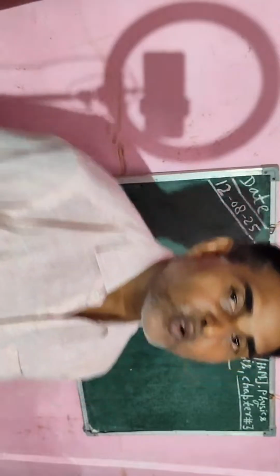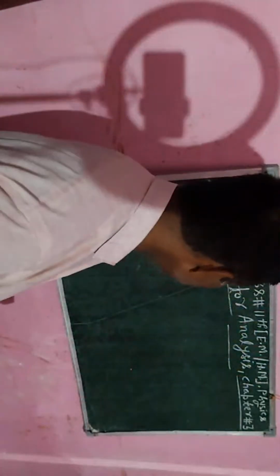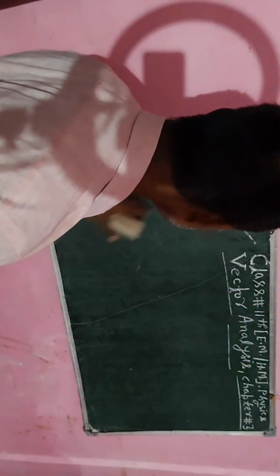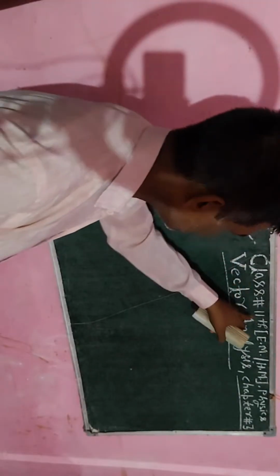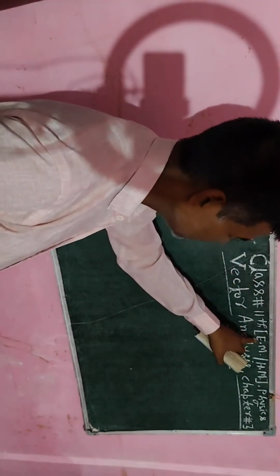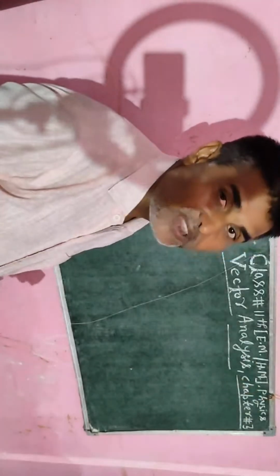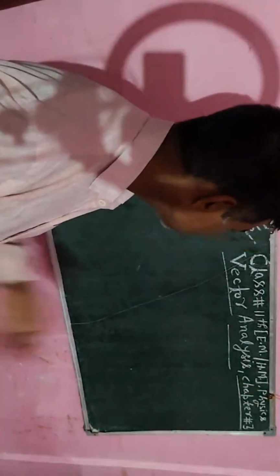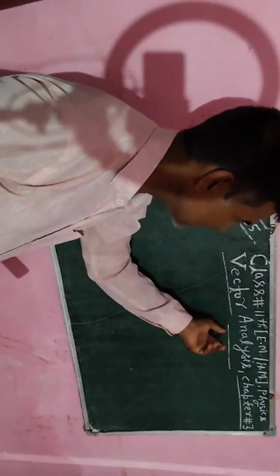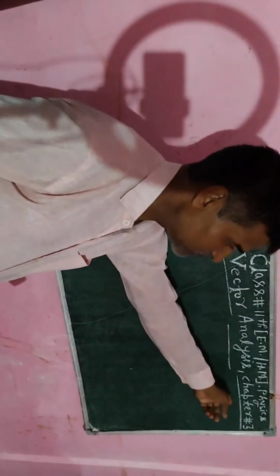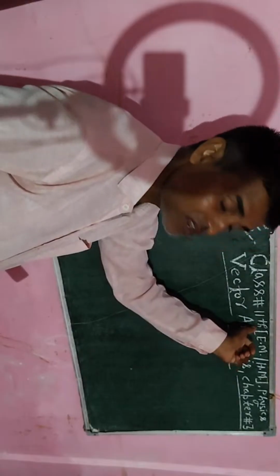This is class 11 English medium or Hindi medium physics. The topic name is vector analysis, chapter number 3 of class 11 physics.